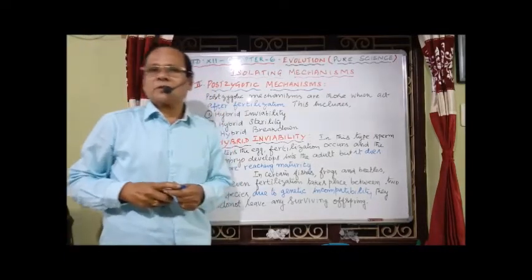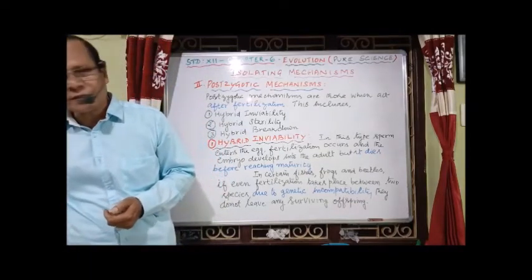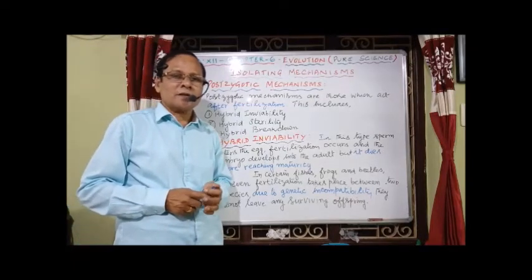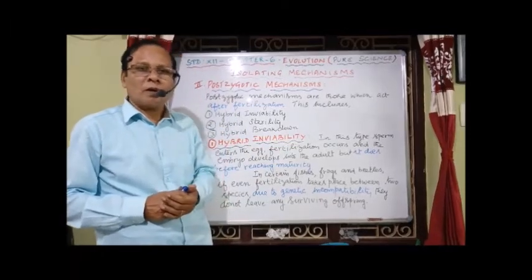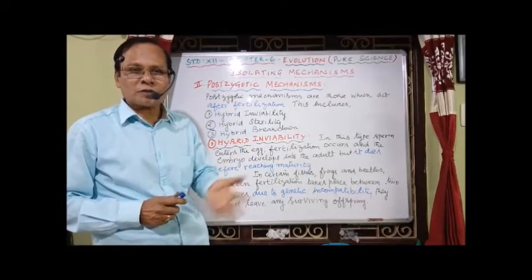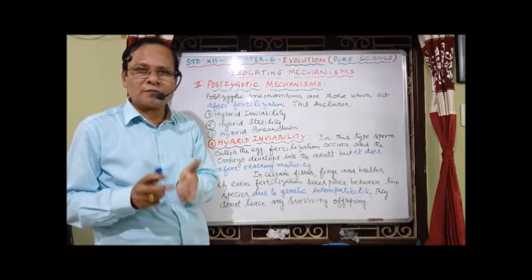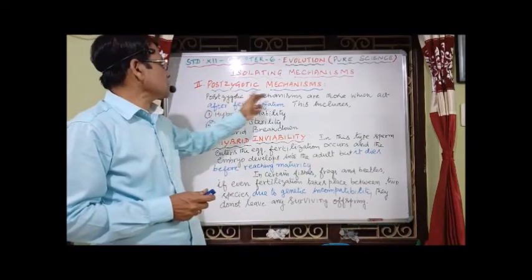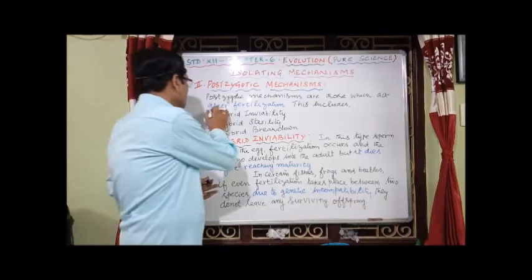These mechanisms are operative only after the fertilization process. Even though fertilization occurs, either the individuals are inviable, that means they die, or the resultant individuals are sterile, or F1 individuals are fertile and F2 individuals are sterile, like that. So postzygotic mechanisms are those which act after fertilization.